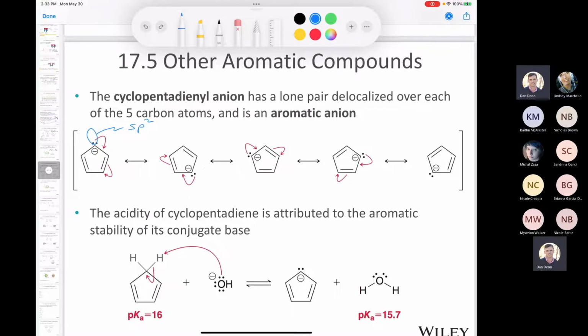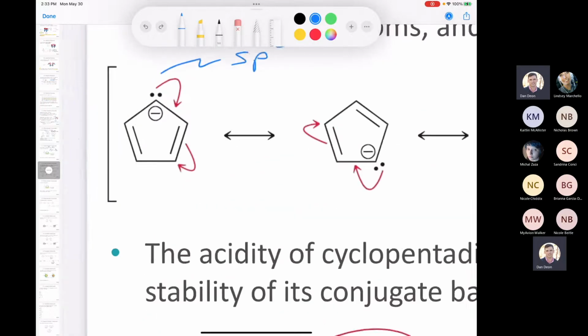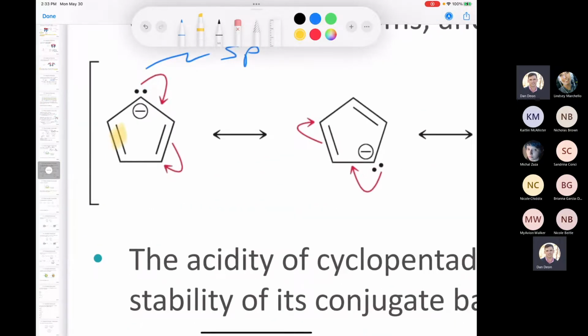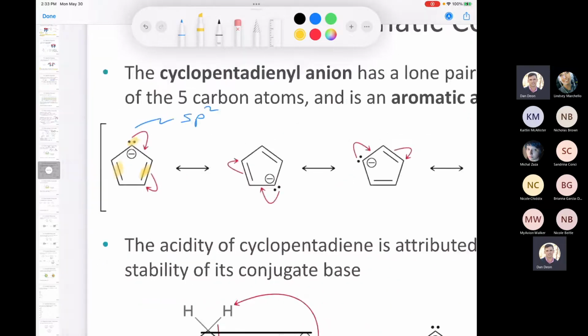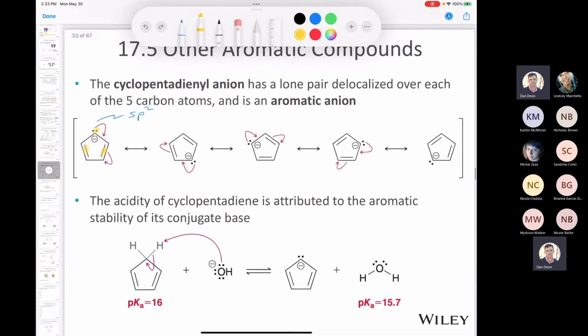So now we've got a continuously overlapping system of p orbitals, and we have, count them, 1, 2, 3, 4, 5, 6 electrons in that continuously overlapping system of p orbitals. We have a closed shell electron configuration for the cyclopentadienyl anion, and therefore it is aromatic.